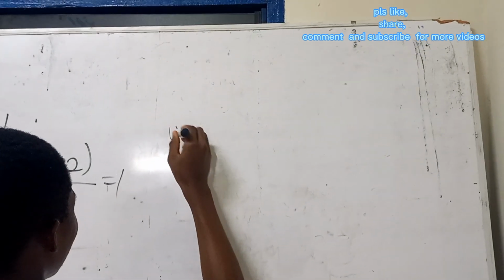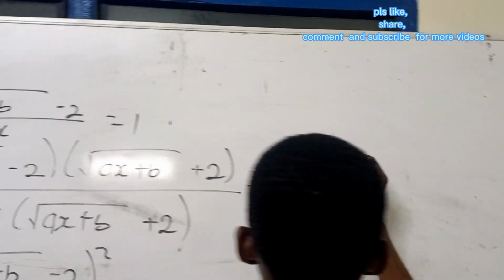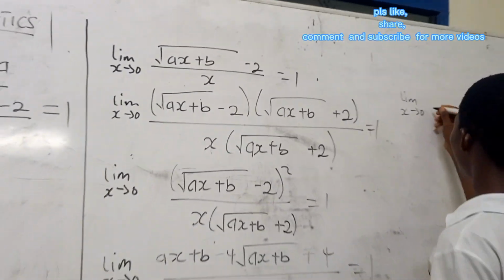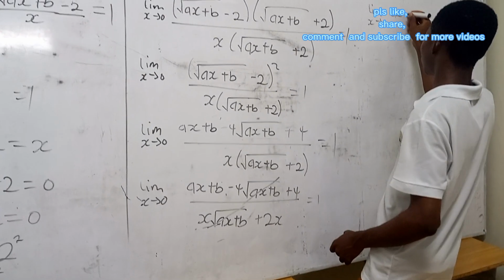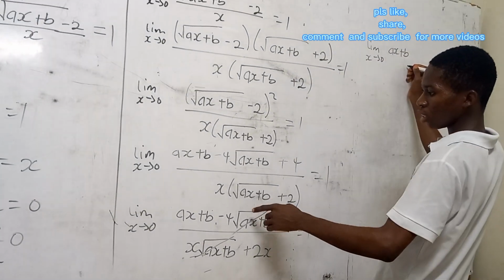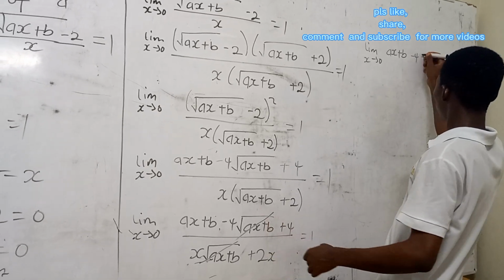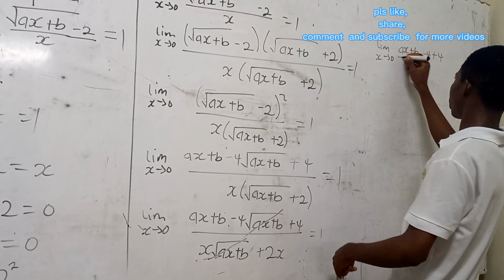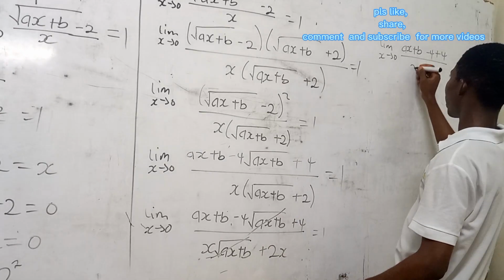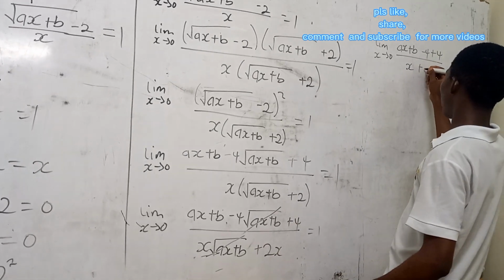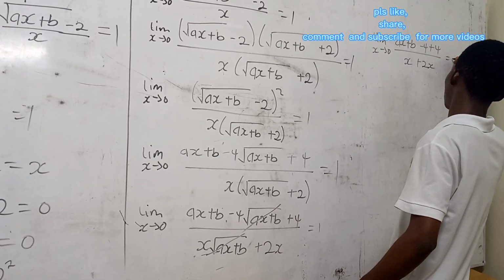the limit as x approaching 0 of ax plus b, then you have minus 4 plus 4, divided by x plus 2x, which is equal to 1.